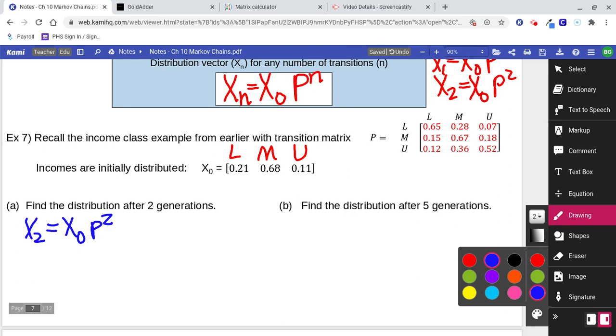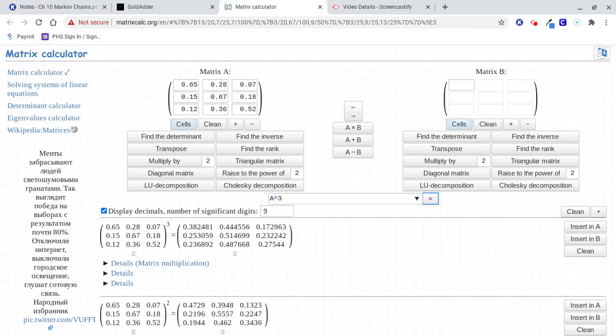Okay. So let's use our matrix calculator again, because we've already got P in there from before. So I just need to put in my x0. It was 0.21 and 0.68 and 0.11. You don't necessarily have to do this, but check it out. If you click on this button right here, it'll switch them.